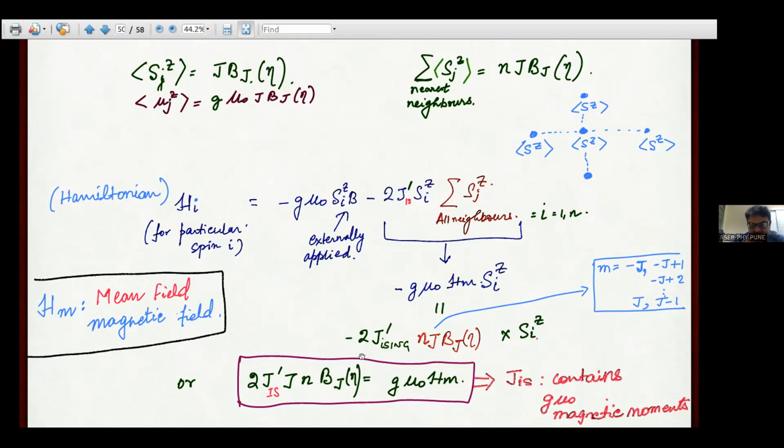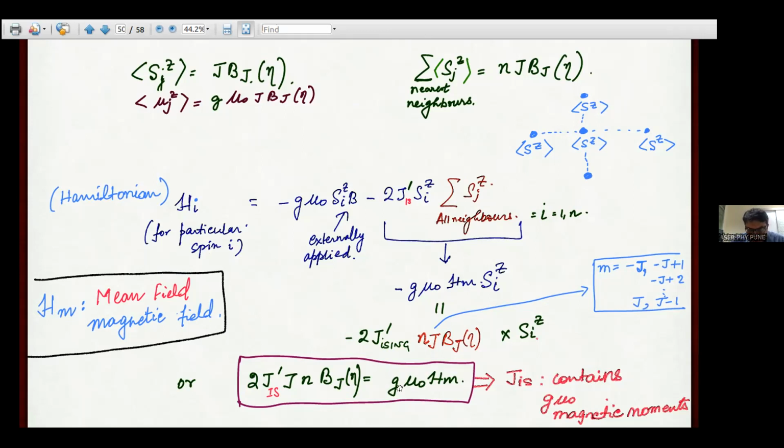In that case, cancelling out this S_iz from both, since there was a minus sign here and a minus sign here, 2J Ising n Brillouin function of J, function of eta, is equal to G mu 0 Hm.